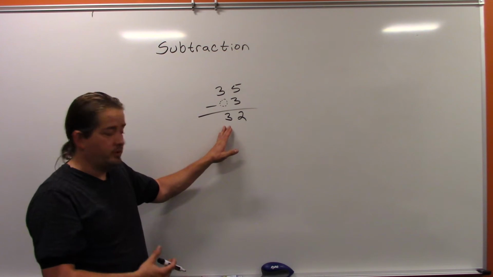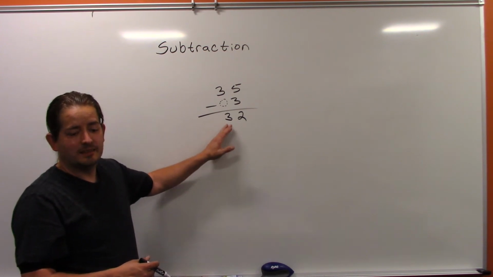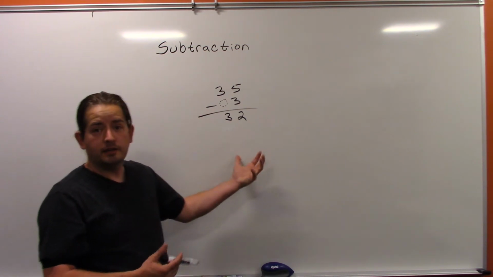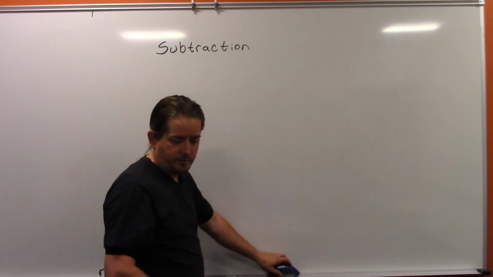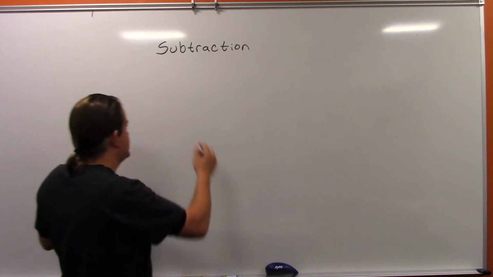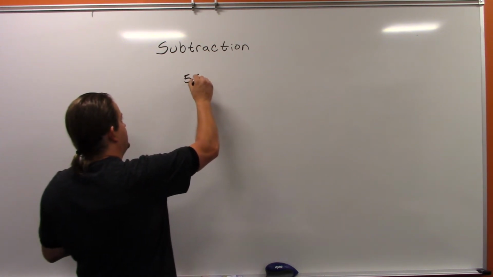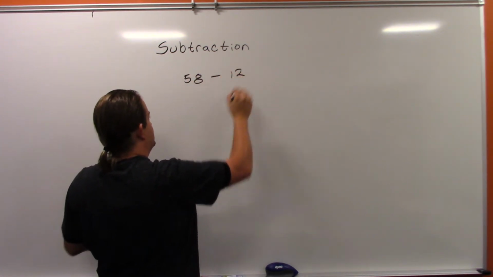So this is typically how we're going to look at subtraction problems, in this column subtraction rather than a number line, just like we did with addition. So let's take a look at some other problems here. If I have, let's say, 58 minus 12.